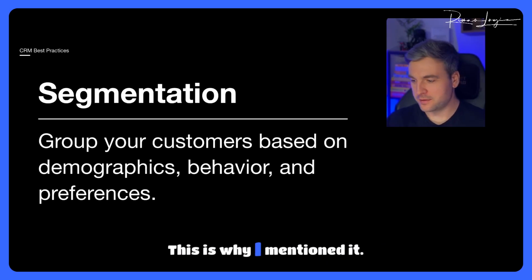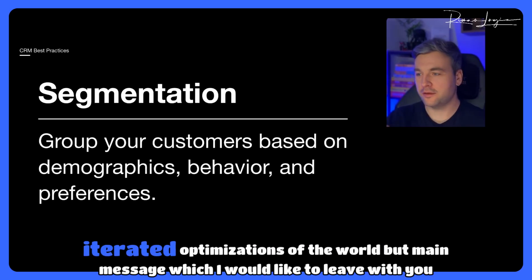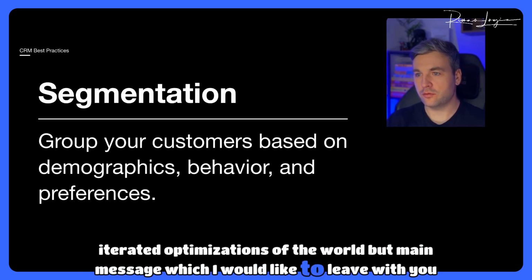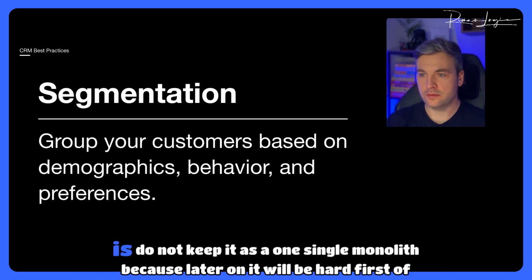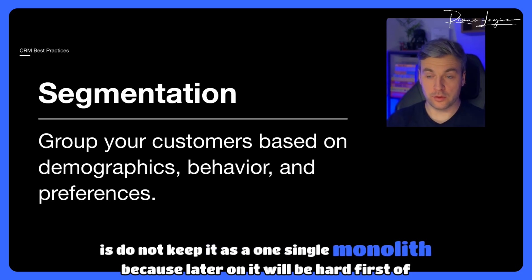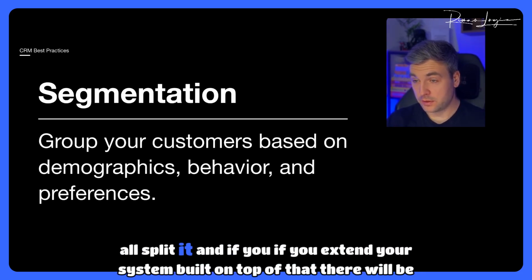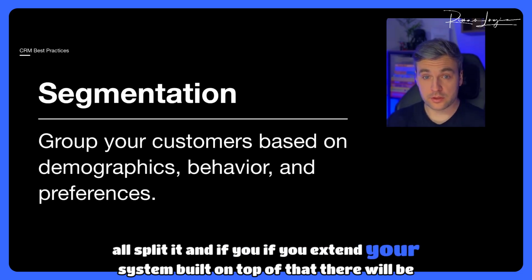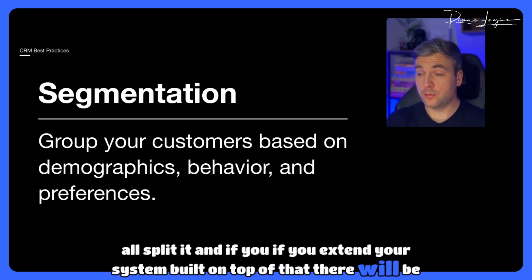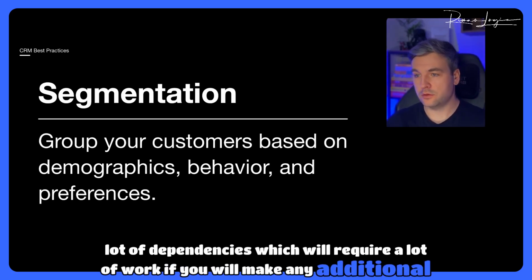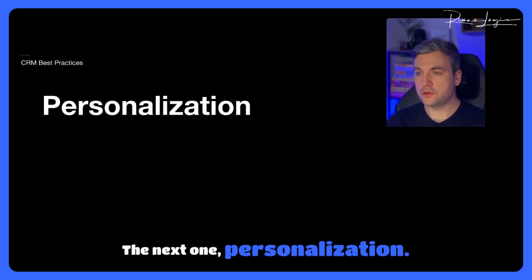This is why I already mentioned it needs to be iterated, optimized, and so forth. But the main message I'd like to leave with you is do not keep it as one single monolith, because later on it will be hard, first of all, to split it, and if you extend your system built on top of that, there will be a lot of dependencies which will require a lot of work if you make any additional changes.